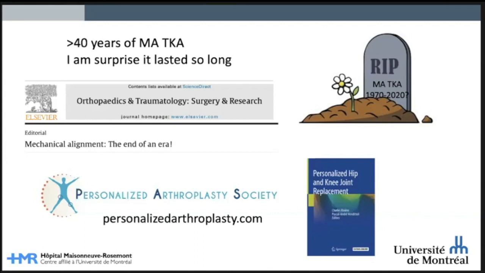We think that we should propose a new way of performing hip and knee replacement, which is more personalized, trying to restore patient anatomy. If you're interested to read more about this topic, please visit the Personalized Arthroplasty Society website, where there is the textbook Personalized Hip and Knee Joint Replacement, available open access.